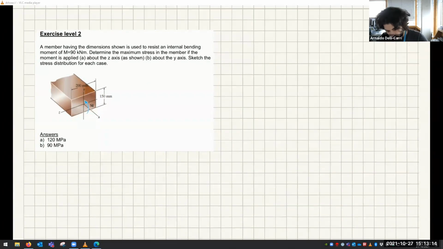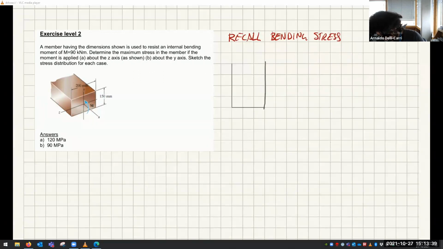So let's recall bending stress. So for bending stress here, on a rectangular section, you have that the stress is always 0 at the centroid.